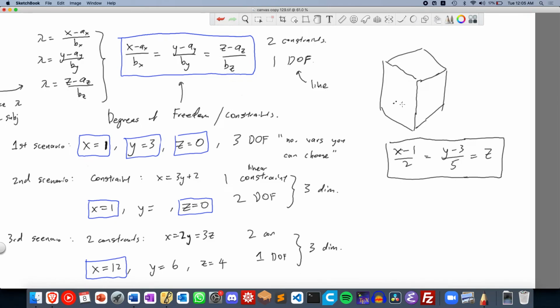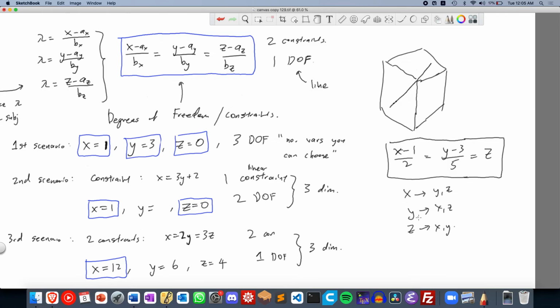So you can see that whichever variable I choose first, if I choose x, then it leads to y and z being determined. If I choose y, then it leads to x and z being determined. If I choose z, it leads to x and y being determined from this equation. And so, in the end, we can only have 1 degree of freedom, and that 1 degree of freedom is precisely a line.